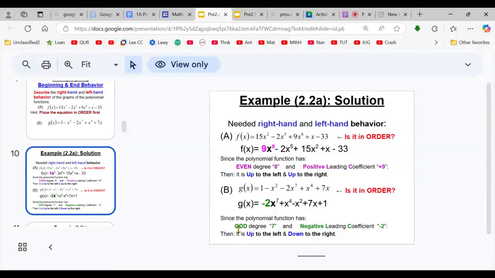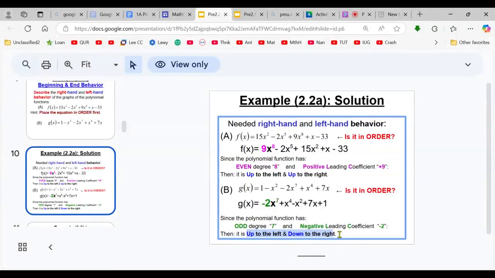That's correct. Okay, up to the left, down to the right. Is this clear? Any questions? Because the power is what? 7. And it's negative 8, negative 2.